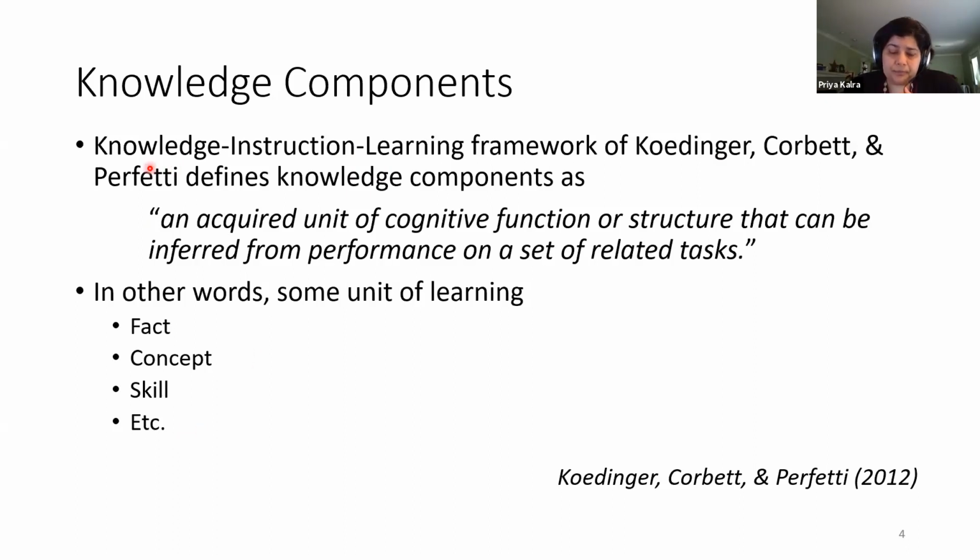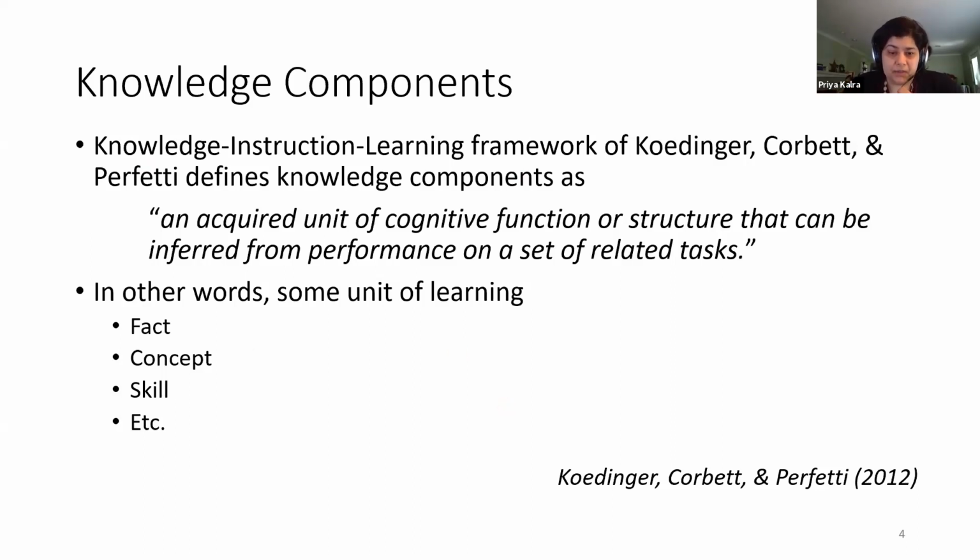And if you've read this paper, you know they go into a great deal of detail in breaking down what different types of knowledge components can be and what the implications of knowing that are. For the purposes of this talk, I'm just going to touch on their taxonomy of knowledge components a little bit.